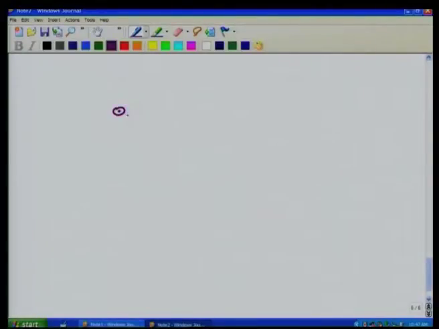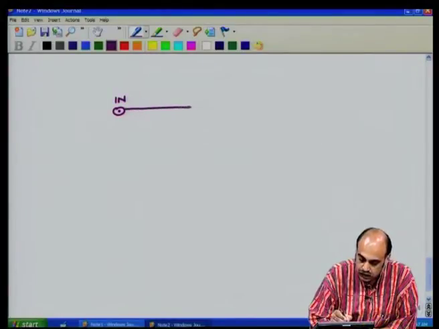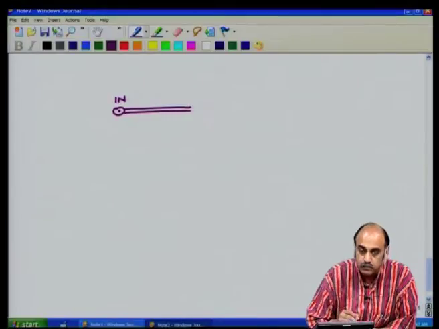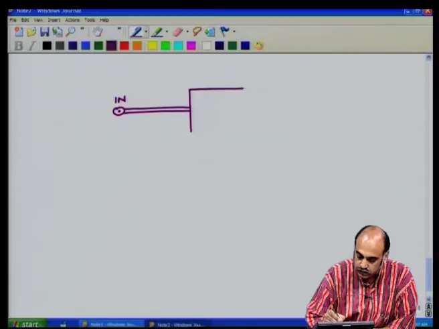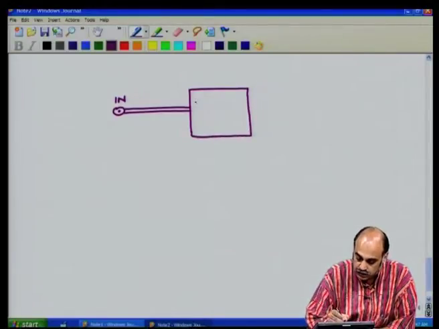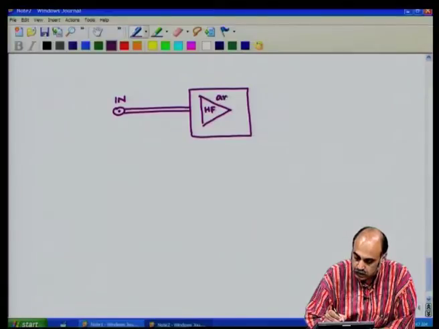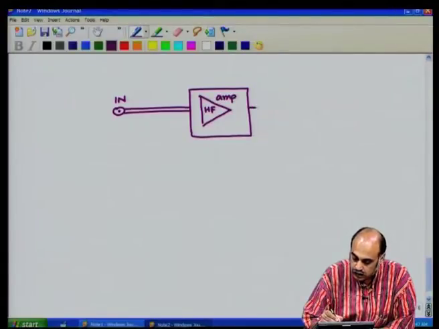Let us say you have the input in and you have one route. Okay. Now, I will still continue to put the high frequency amplifier in a block. There may be many circuits within that. This is your HF amp, and probably the route could go in this fashion.